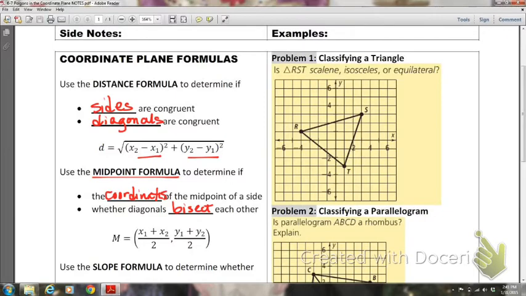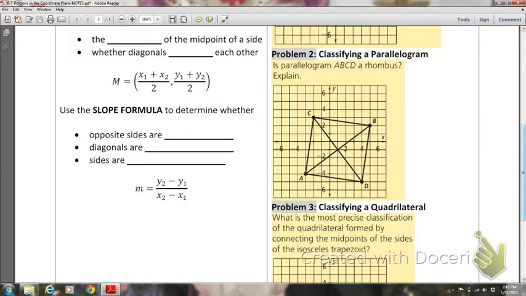And then finally, we're going to use the slope formula. We're going to use the slope formula to determine whether opposite sides are parallel or whether diagonals are perpendicular, like in a rhombus, or whether the sides are perpendicular.